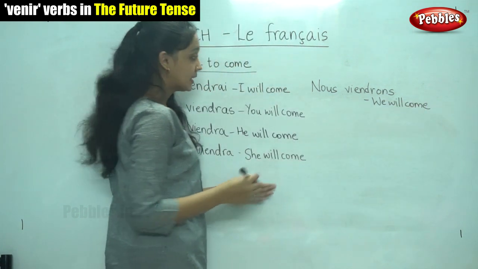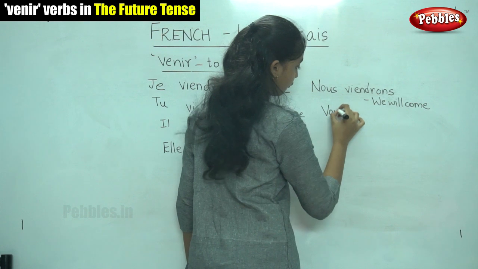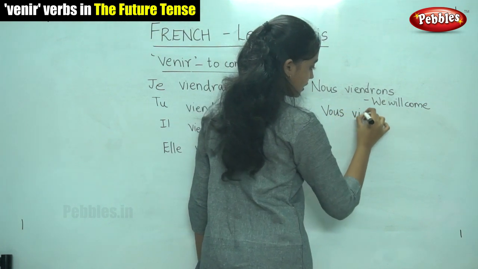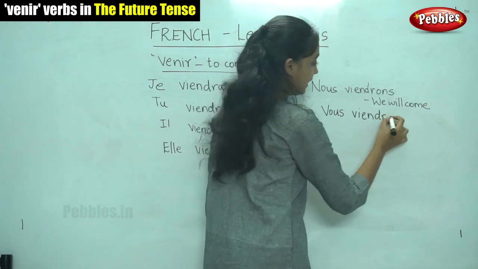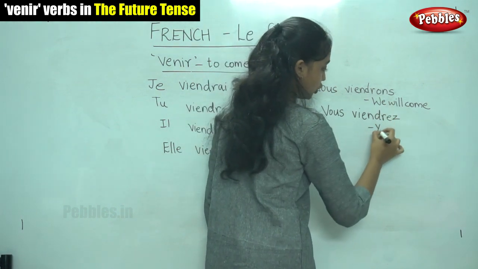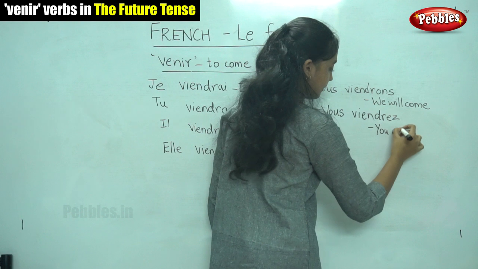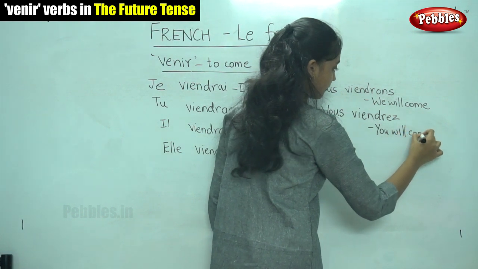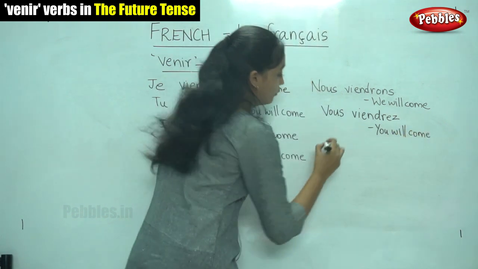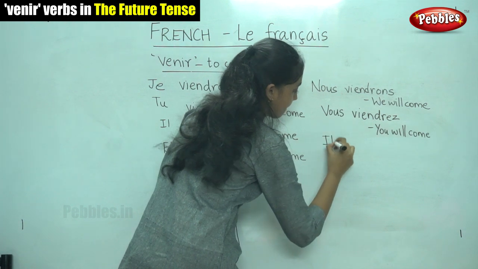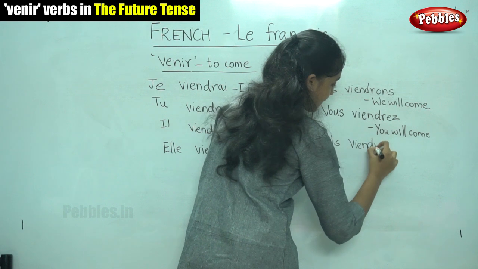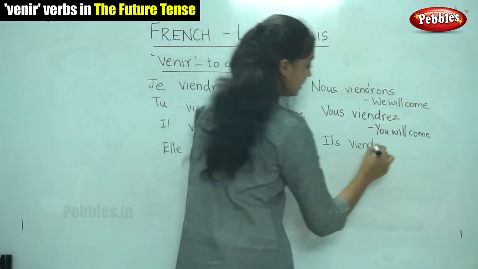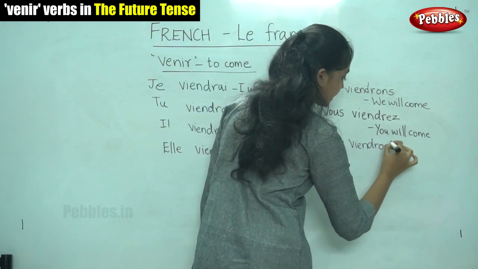We will come. For vous, stem plus ez. You will come. For ils, the stem plus the ending ont.